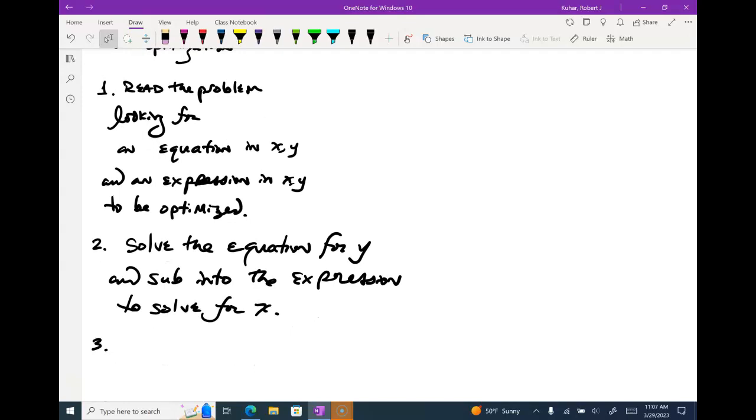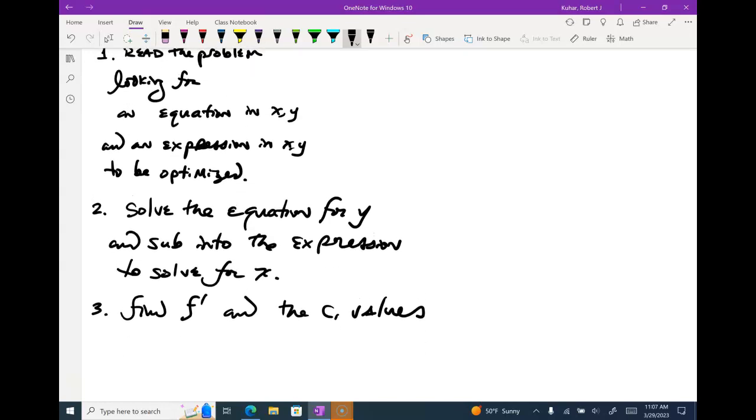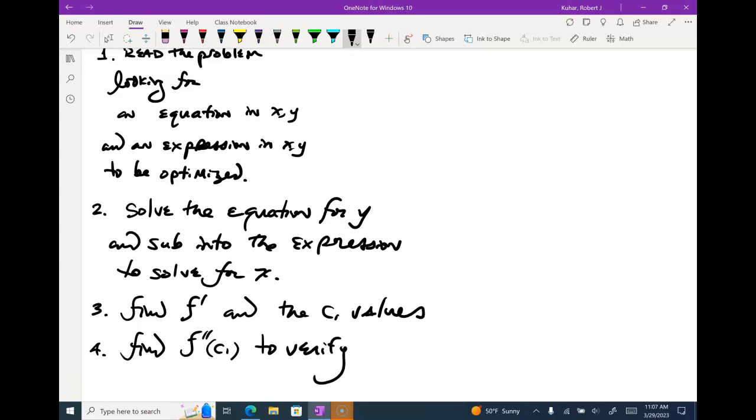Step 3, find f prime and the C1 value. There might be more than one, but, right? Step 4, find f double prime of C1 to verify a min or max.